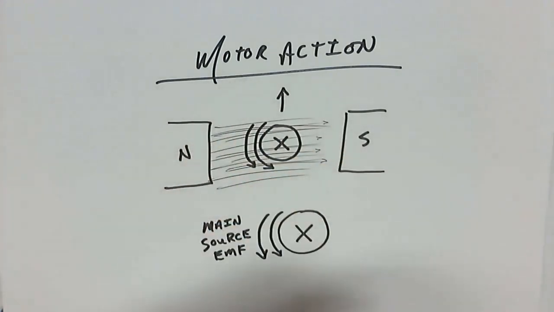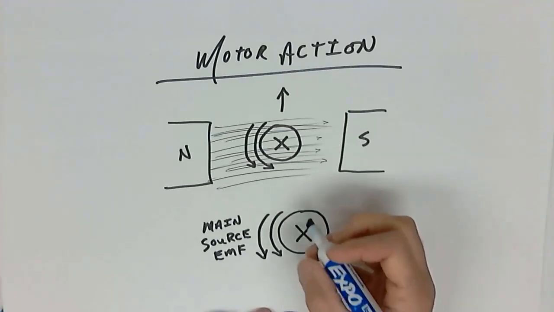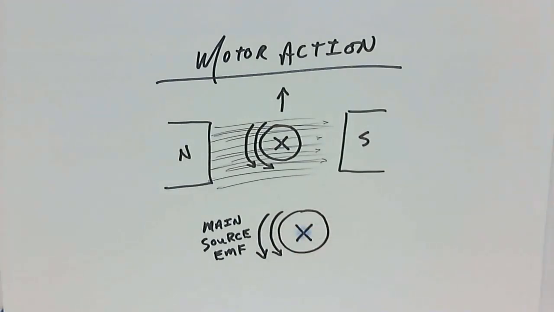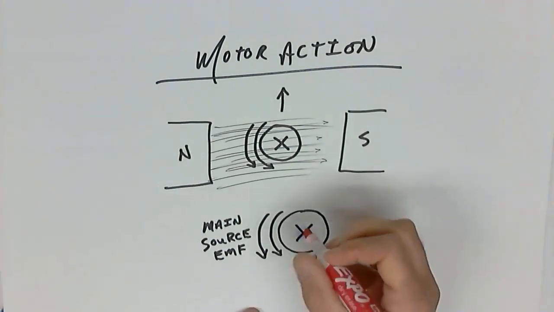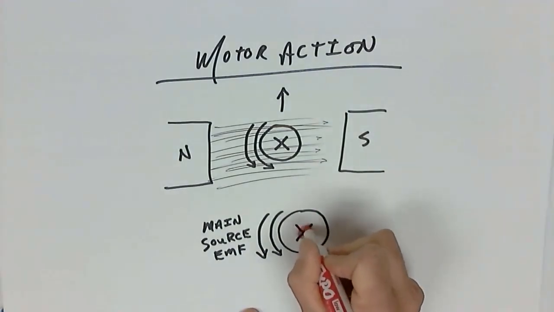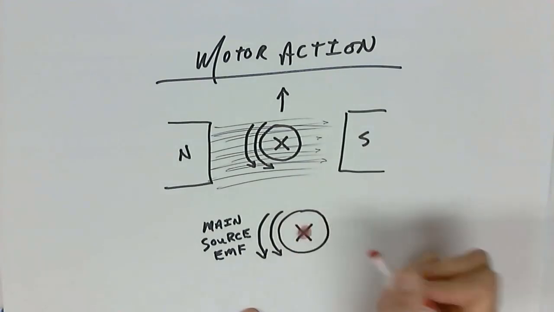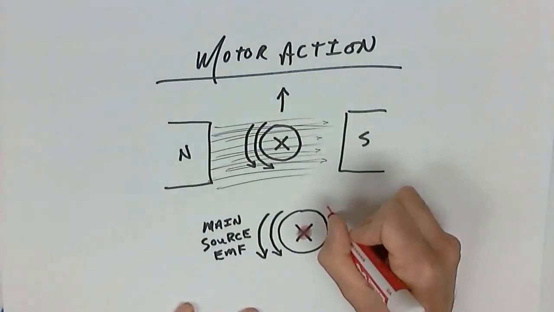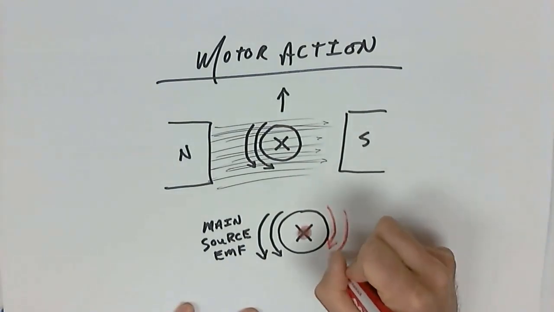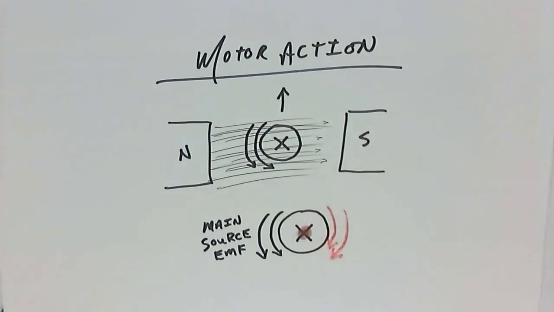Well, that's bizarre. What that would mean is that we would have yet another value of current that would be induced. I'm going to use red. That would be induced into this conductor. And what's going to end up happening is we are going to get lines of flux traveling in the opposite direction.